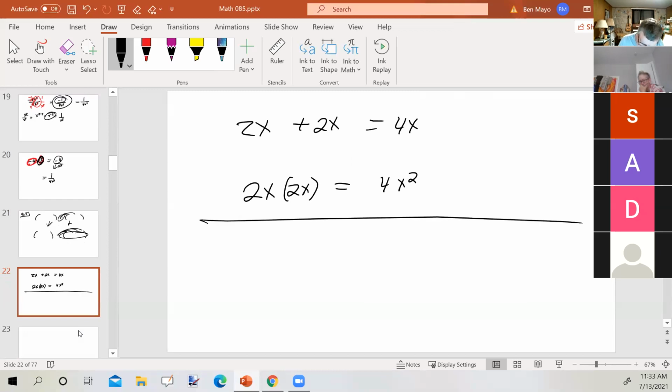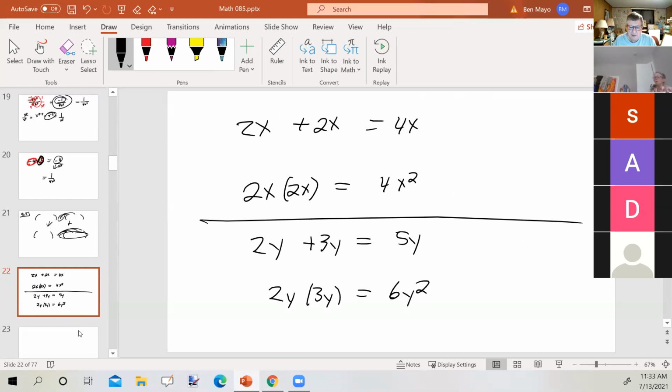Or another example, let's say I have 2y plus 3y. That's 5y, but 2y times 3y is 6y squared. So again, be careful of the operations involved. And that's the main thing.